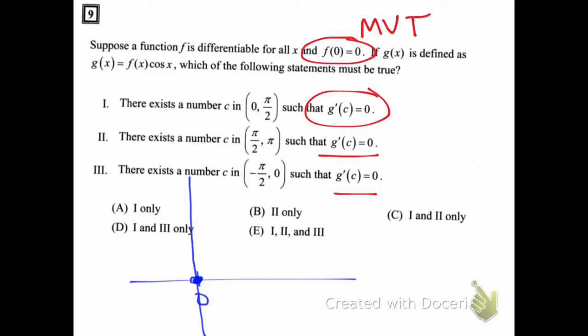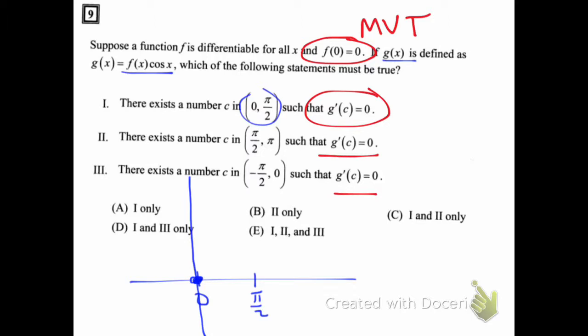We also see that g of x is defined to be f of x times cosine x. Since that's the case, we want to figure out what's going on in these intervals, because we can see 0 to pi over 2. Let's try that one first.